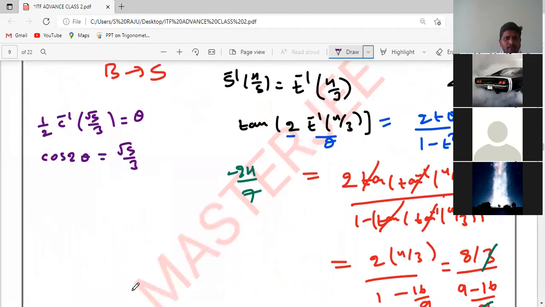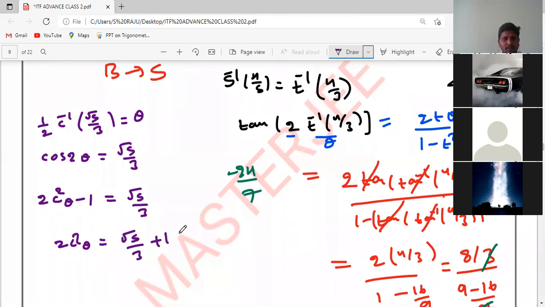What is cos 2 theta in terms of cos? Cos 2 theta formula is 2 cos square theta minus 1, root 5 by 3. Take this minus 1 to the right side. 2 cos square theta is equal to root 5 by 3 plus 1.